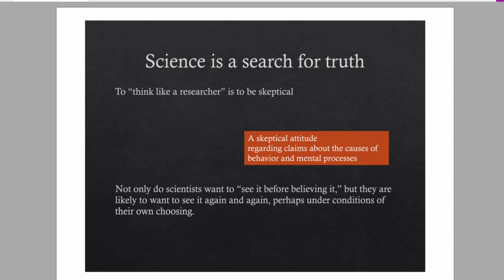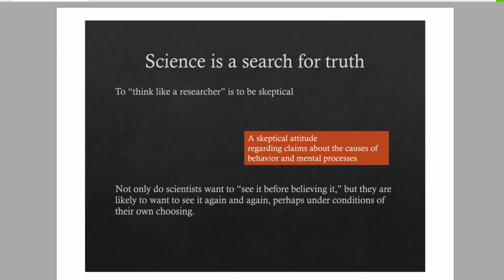It doesn't mean that they don't believe anything, but they want to see it before they believe it. And usually they want to see it happen again and again before they believe it, and usually under different conditions than someone's own choosing. So that means that research is replicable, that it has been replicated again and again.